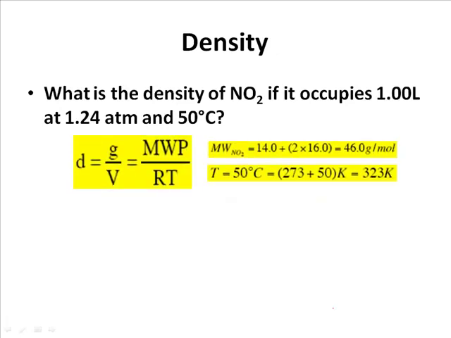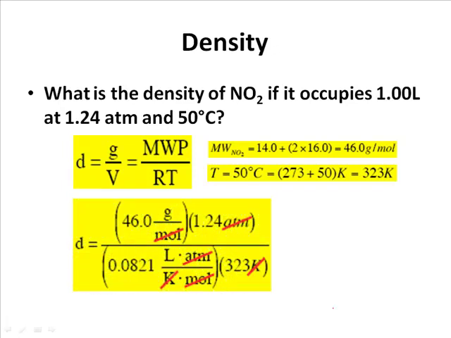The molar mass of NO2 is 46 grams per mole, and our temperature is 323 Kelvin. We plug those variables into our equation to find its density. Notice how all the variables cancel out except grams divided by liters, and we get 2.15 grams per liter.